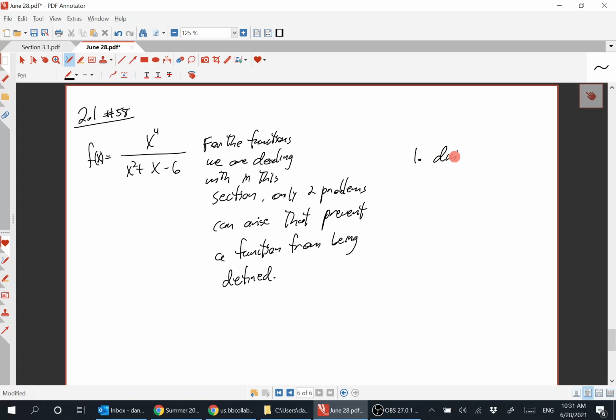One, division by 0. Two, trying to take the square root of a negative number.